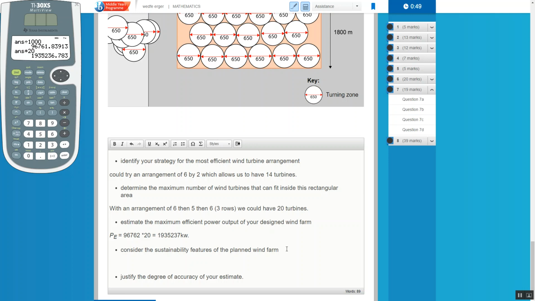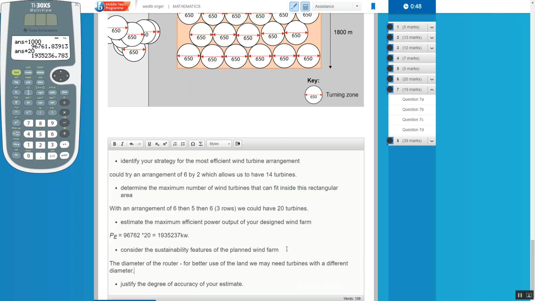Consider the sustainability. Okay. Let's talk about the diameter of the rotor. For better use of the land, we may need turbines with a different diameter. And we can also remove with the average wind speed.